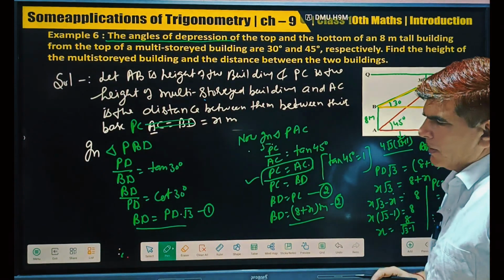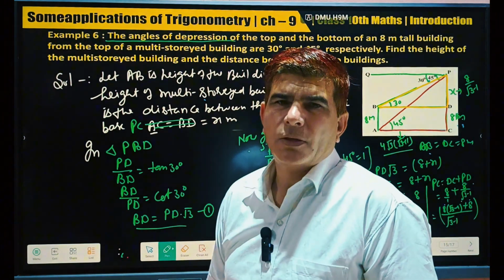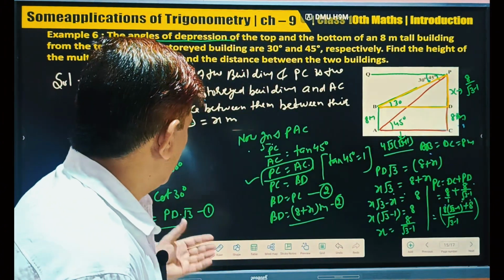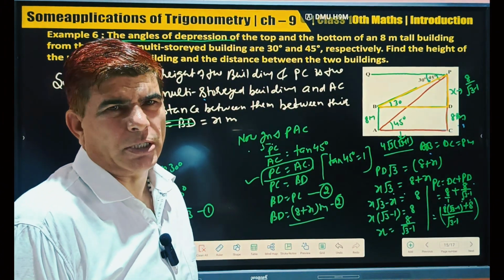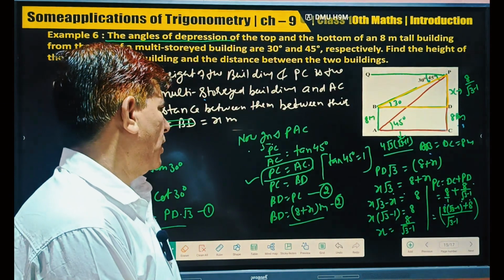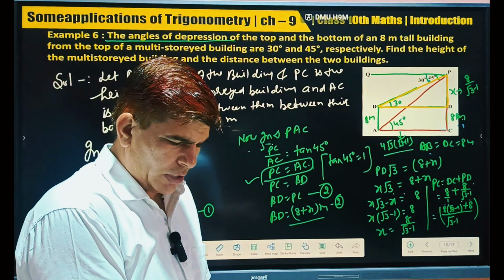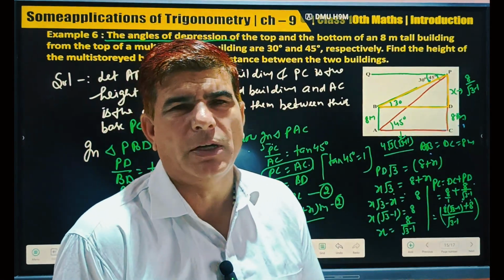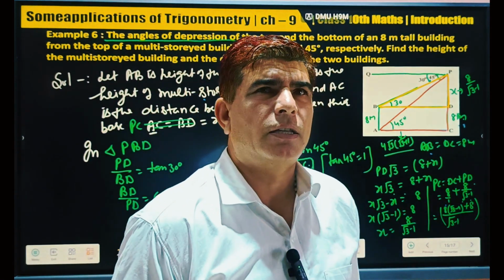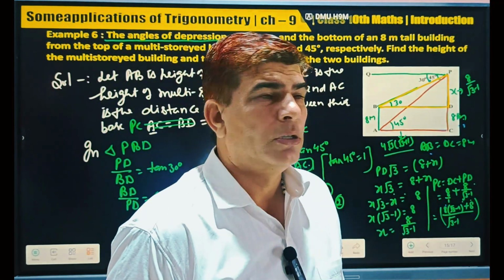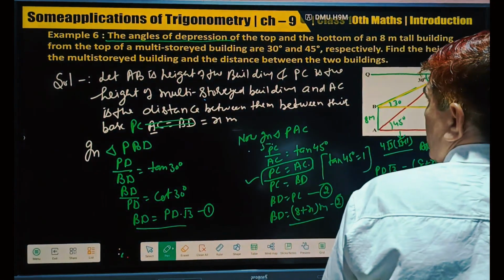Nothing in it, only some calculation. The calculation may take time, but if you know it, it does not create a problem. You only have to know sine 45, cotangent 45, tangent 45 and other values. So you can solve till here.